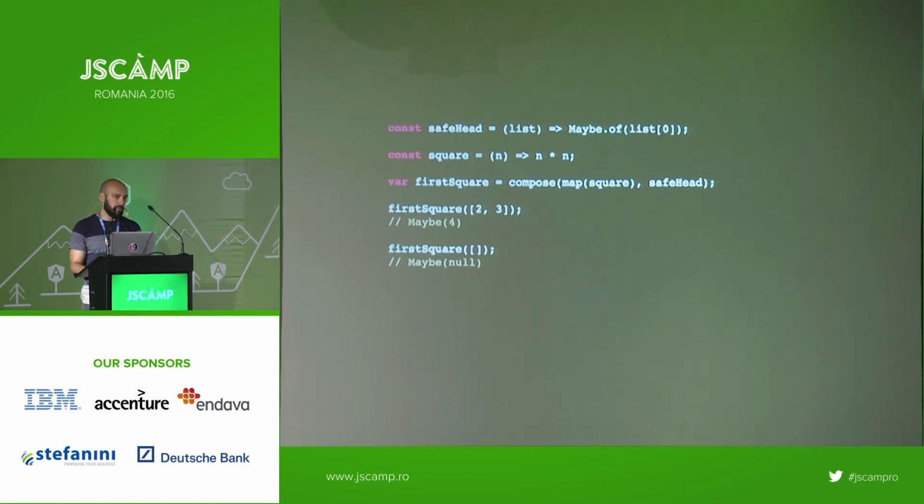But if we define a safeHead function, as here, it will return a Maybe of the first element of the array, which allows us to apply other functions to the value without worrying whether the array is empty or not. If the array is not empty, everything will work. Otherwise, we'll get back the same empty container.